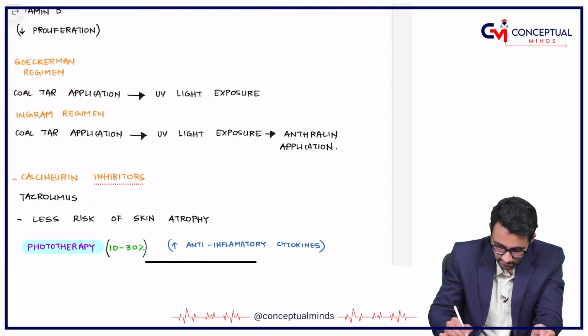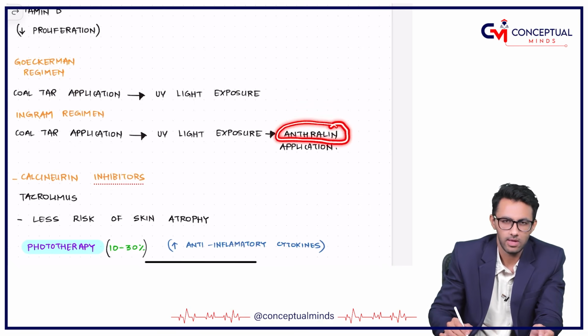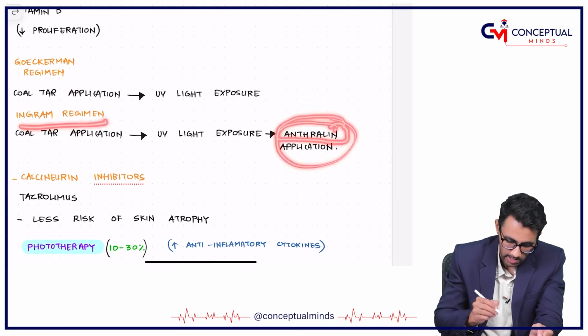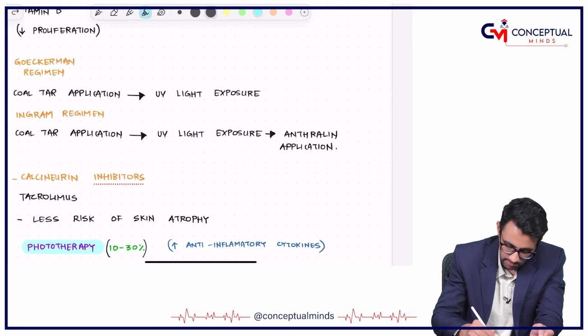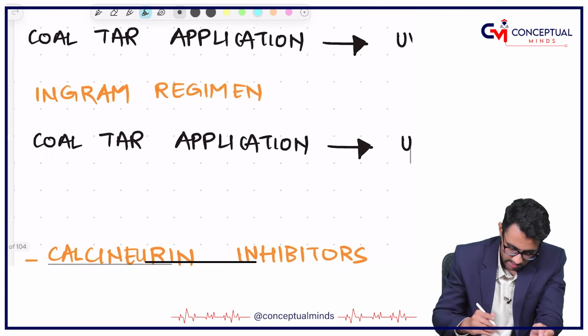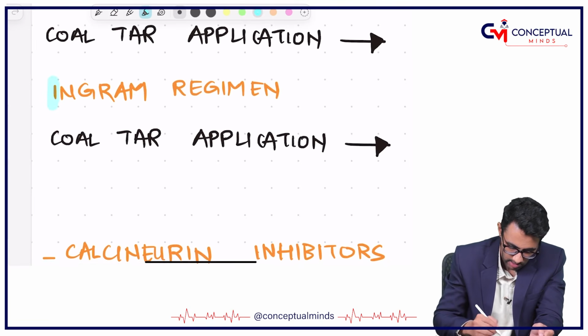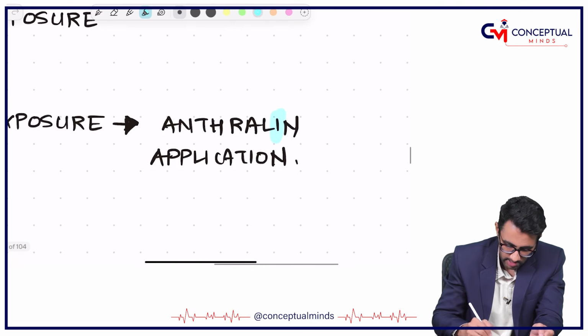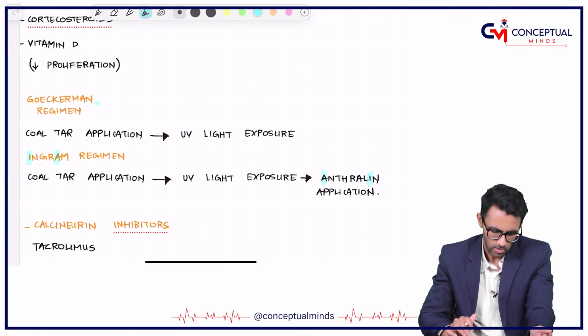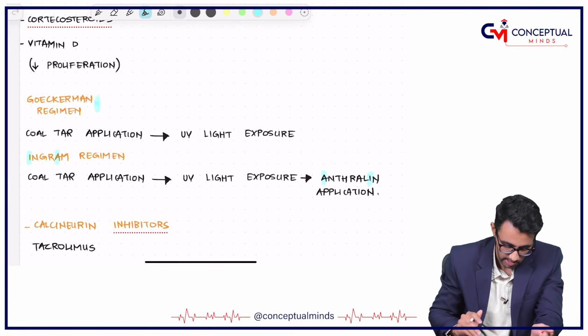Anthralin application is the key point. How I remember this one is anthralin is Ingram. You can also use the A part if you want, depends on you. This regimen is obsolete.